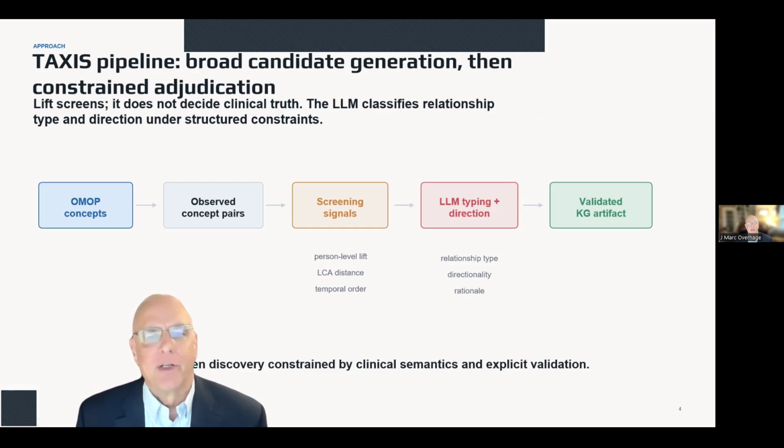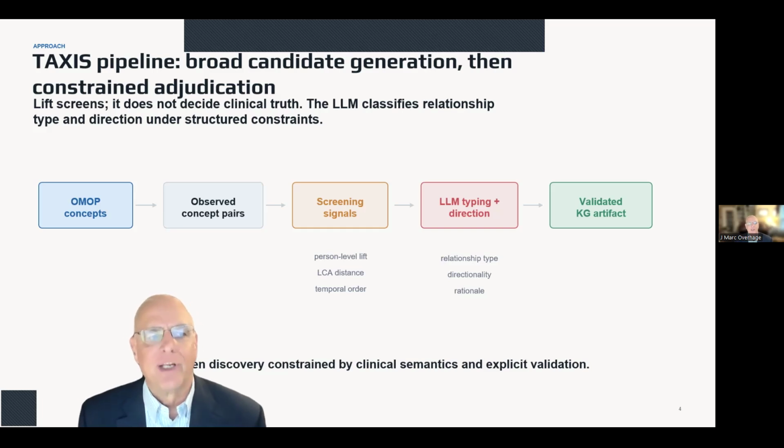The pipeline is built on the Odyssey infrastructure, including the OMOP CDM and vocabularies. First, TAXIS starts with the OMOP concepts as they appear in a large observational data source, such as the Indiana Network for Patient Care. Second, it identifies observed concept pairs across clinical domains, so drugs and conditions or devices and drugs that are found to co-occur.